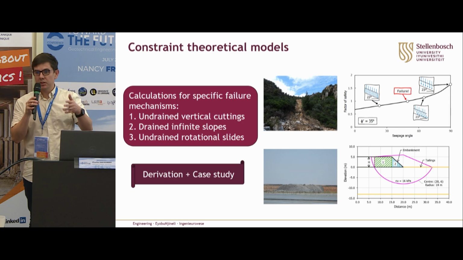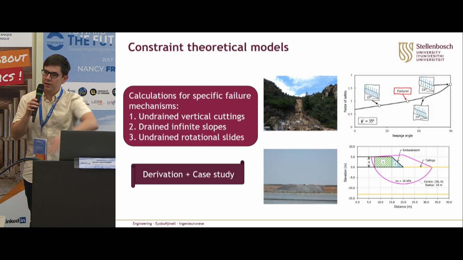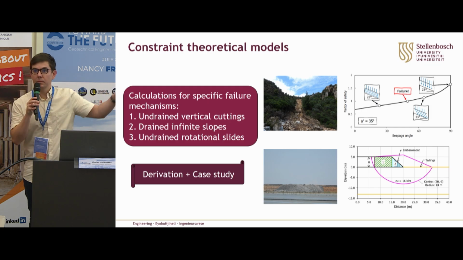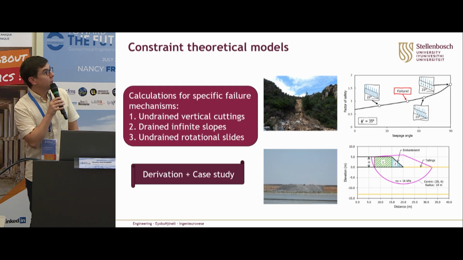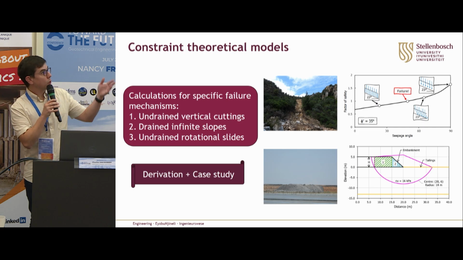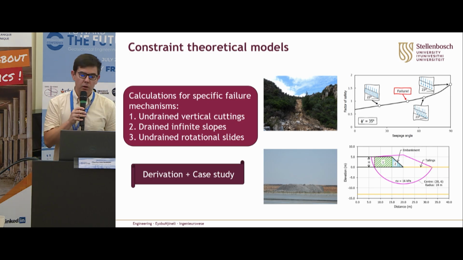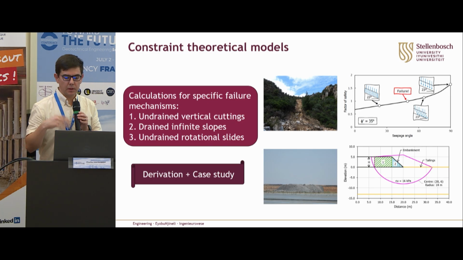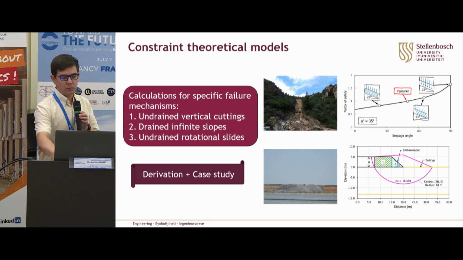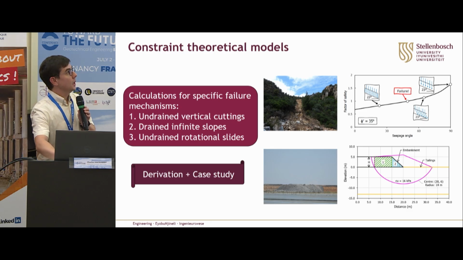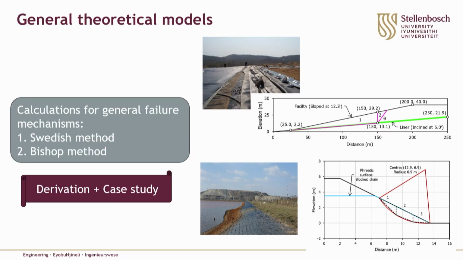The embankment stayed stable, but the material was displacing into the underlying tailings, and we could predict the height at which failure would occur just by assuming that the material was undrained, and there are CPTU results to estimate those parameters, and then the calculations for general failure mechanisms.